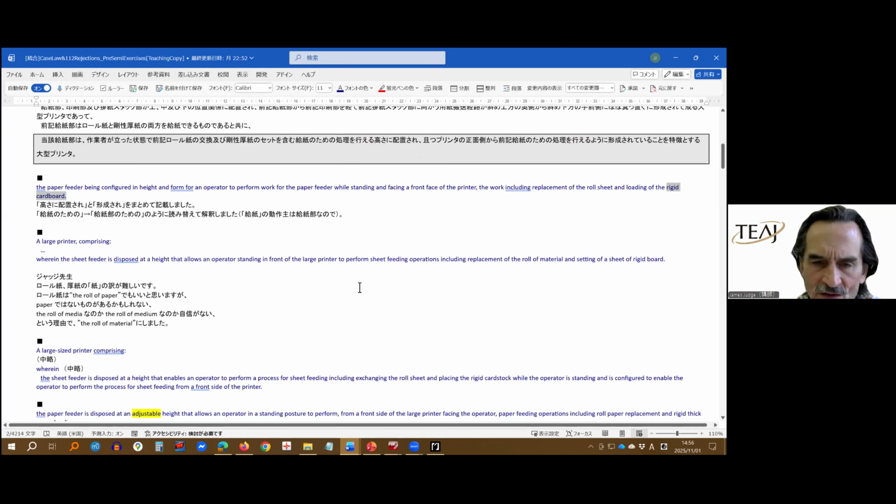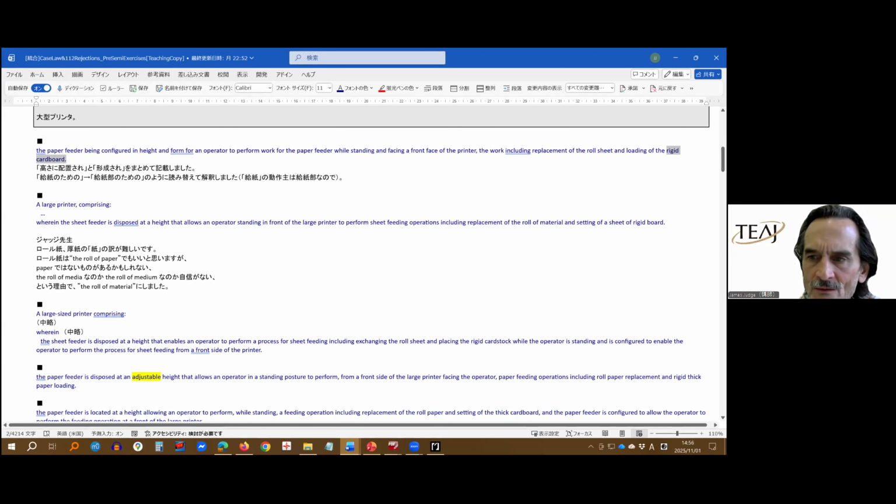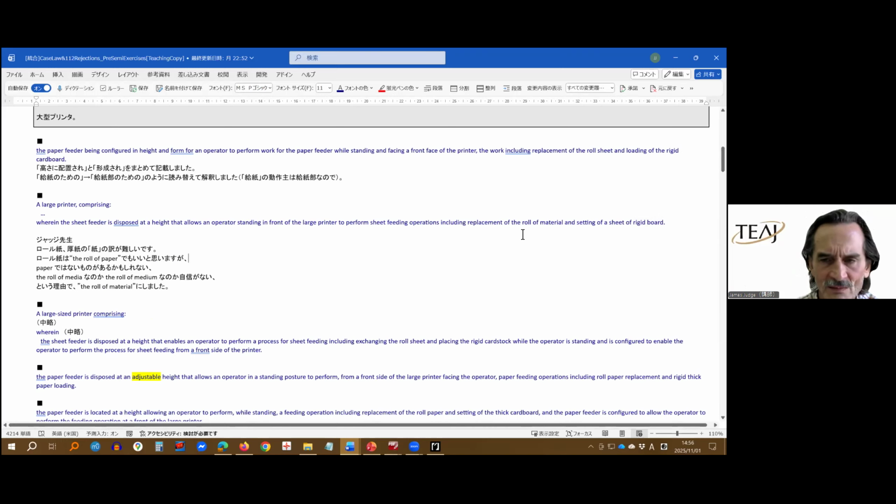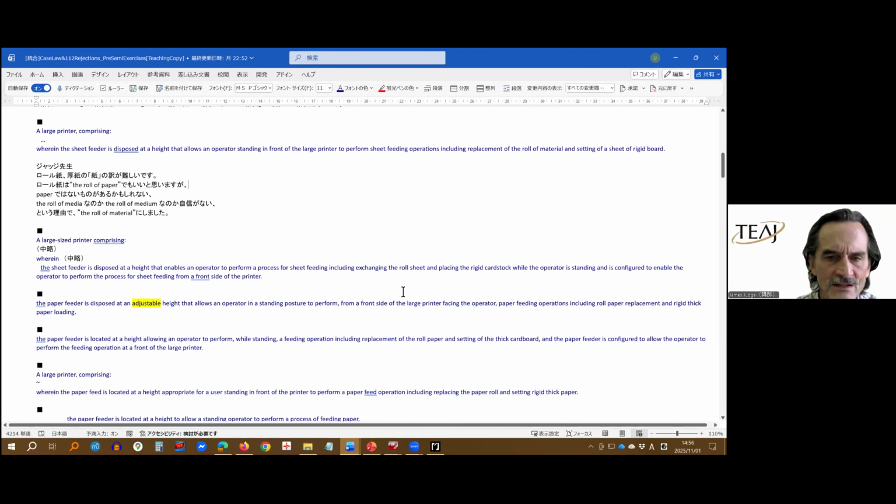That's very literal. It's not a term of art, but it's very understandable and it's technically correct. Rigid board, I would avoid saying board without saying paperboard or cardboard because board itself includes wood and lumber, so you have to be careful. Board is too broad there.